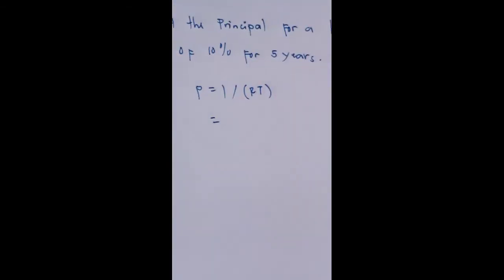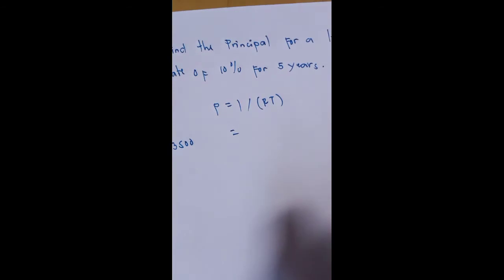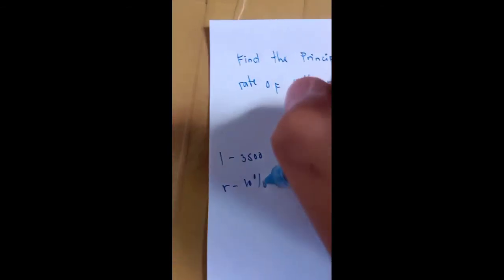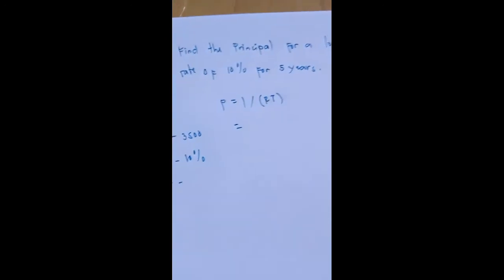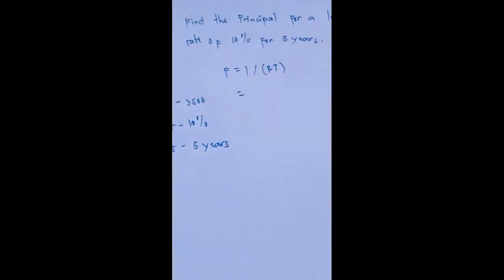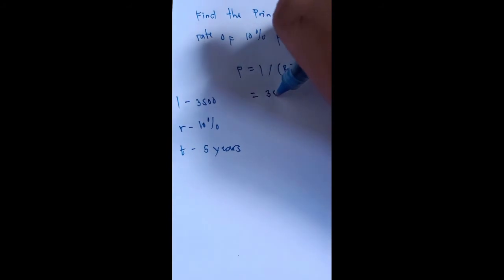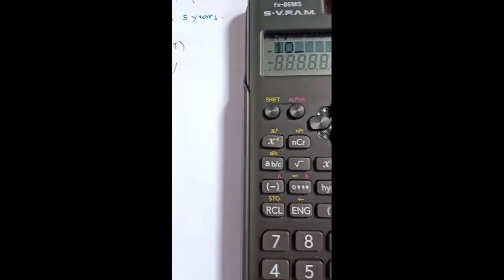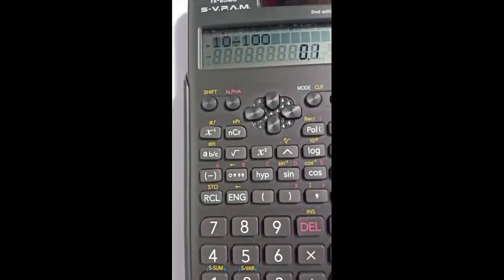So the interest will be 3,500, and the rate is 10%, and the time is 5 years. So let's substitute it. The interest is 3,500 divided by the 10%, which is 10 divided by 100, and in decimal that will be 0.1.